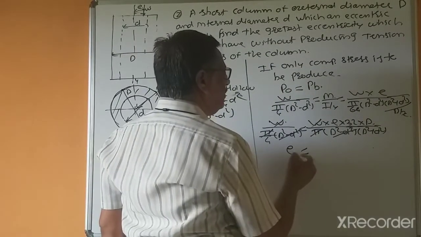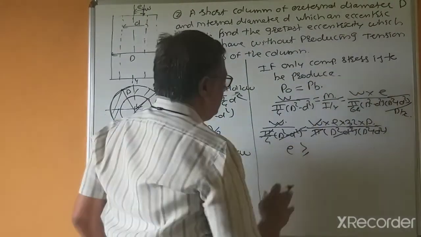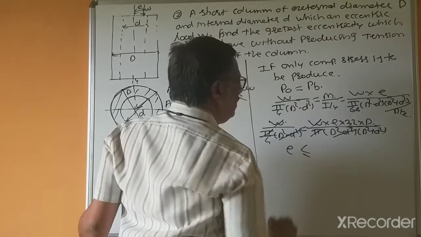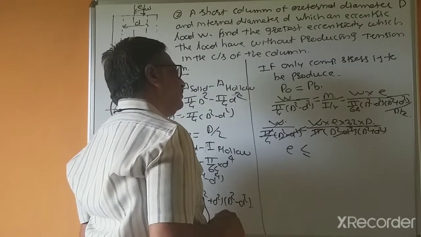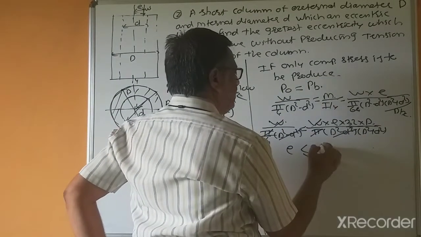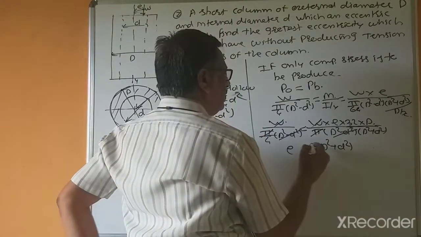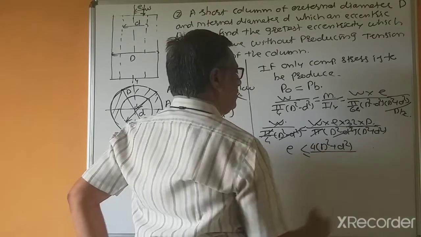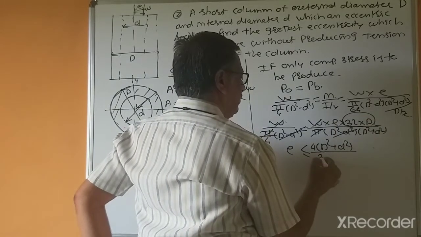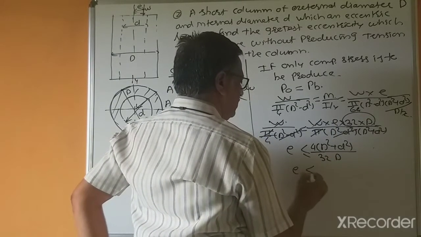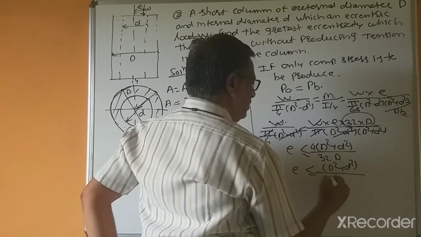Now eccentricity should be less than or equal to, after cross multiplication, capital D squared plus small d squared, and this is 4 multiplied by 4 divided by this term 32 D, so eccentricity equal to 8D.